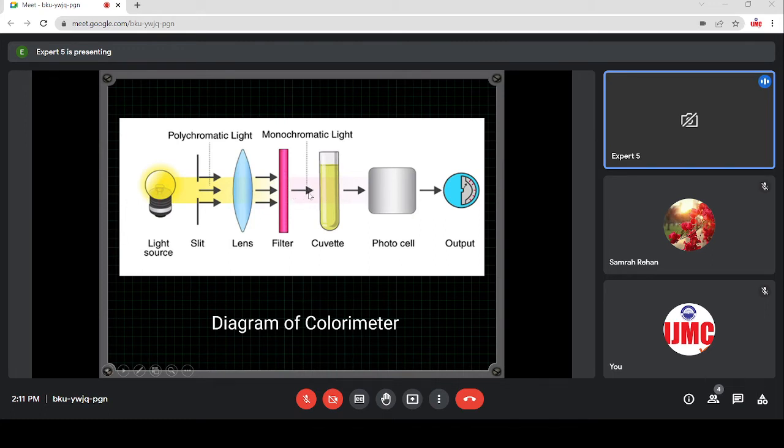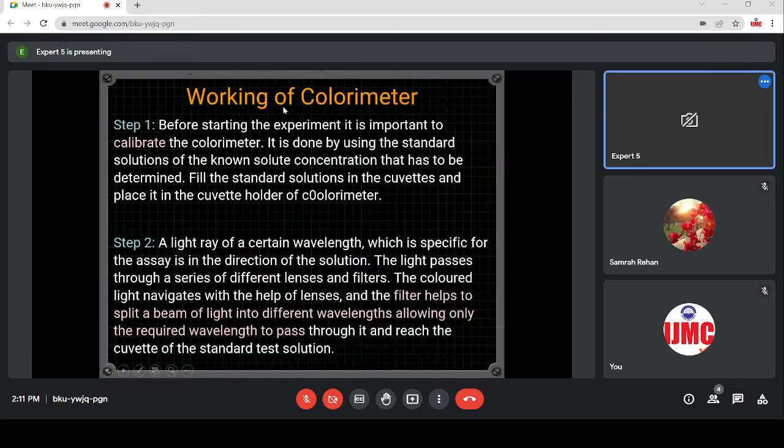When the light passes through the solution, some part is reflected and some is absorbed. What is absorbed is detected by photoelectric cells, and the galvanometer finally detects the peaks, or the absorbency, in a ratio. But how does it work?